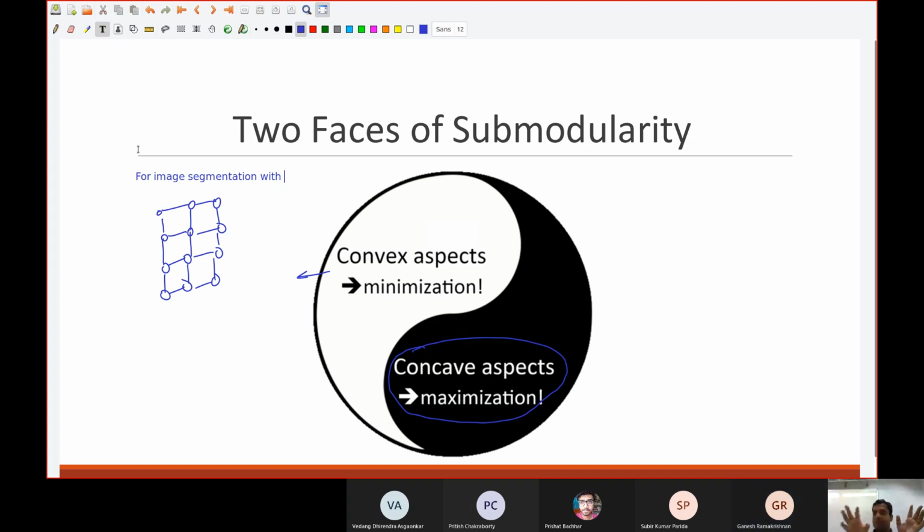Sorry, other way. No, 0,0 and 1,1 will be less than 1,0. So for image segmentation with a submodular function, there are polynomial time efficient algorithms, and that's because of the minimization formulation.